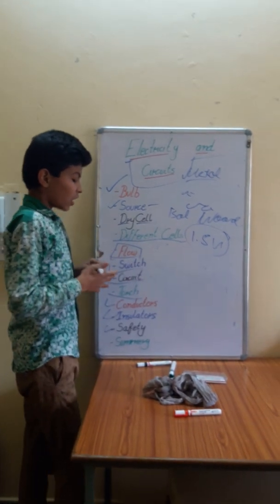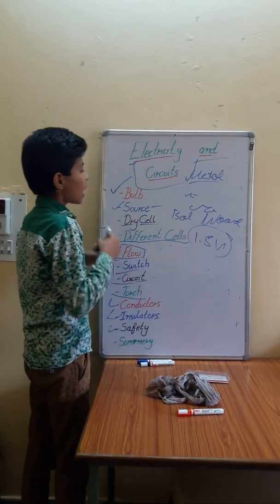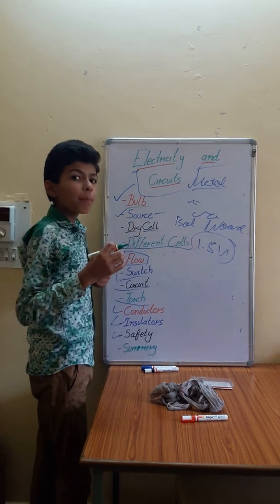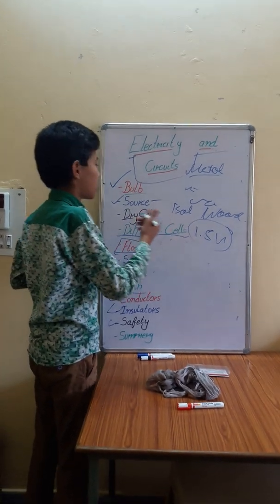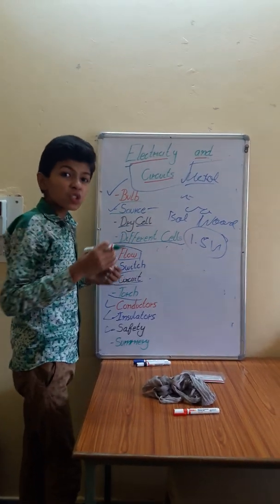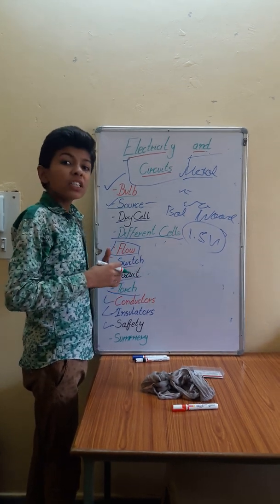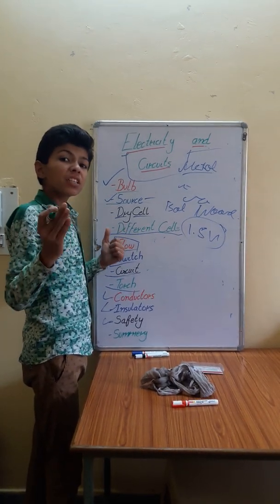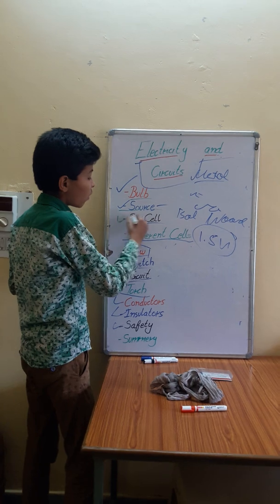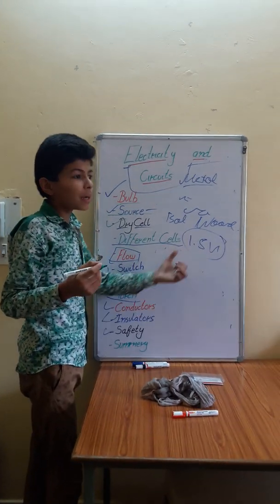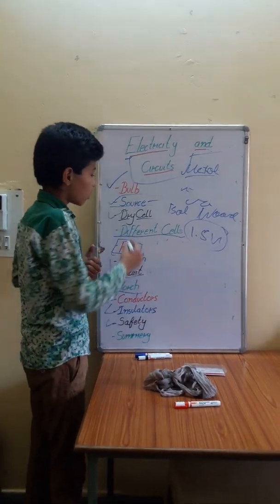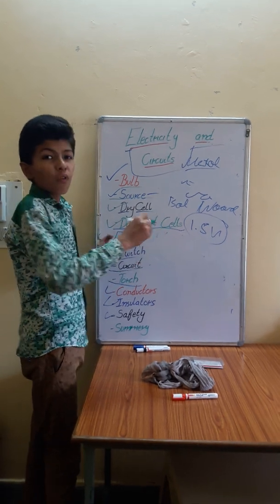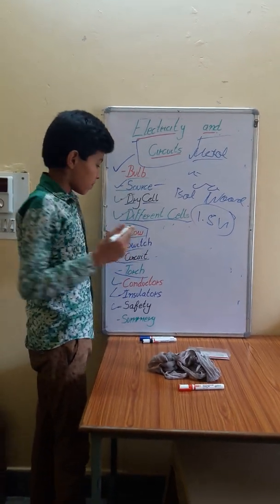So friends, what we have learned today is the bulb, parts of a bulb and how it functions. Sources: what is the source of electricity for main production and for small uses? What is a dry cell? What is it made up of? How does it work? Different cells: what are the different types of cells?